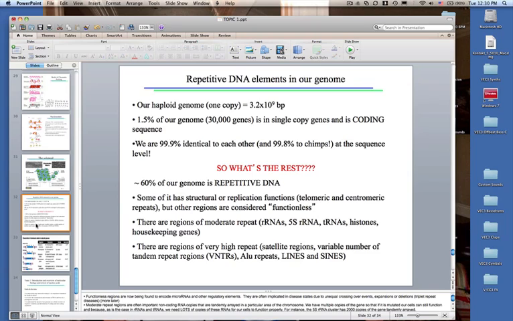So TTAGGG, TTAGGG, TTAGGG, that's a microsatellite because it's only 6 nucleotides in length, and it's repeated over and over and over again. So microsatellites can be tandemly arrayed. Mini satellites, like in the centromeric region, can be tandemly arrayed, right?